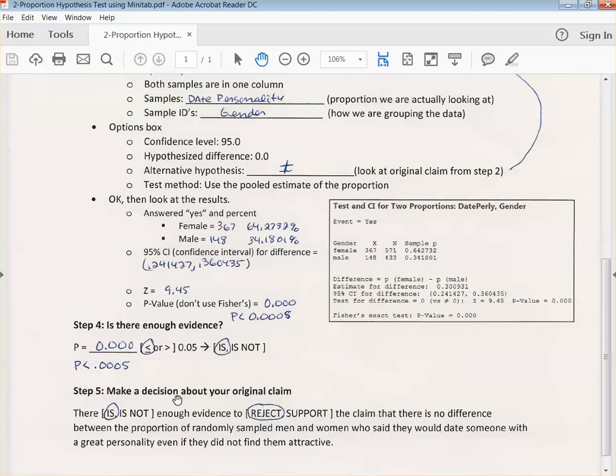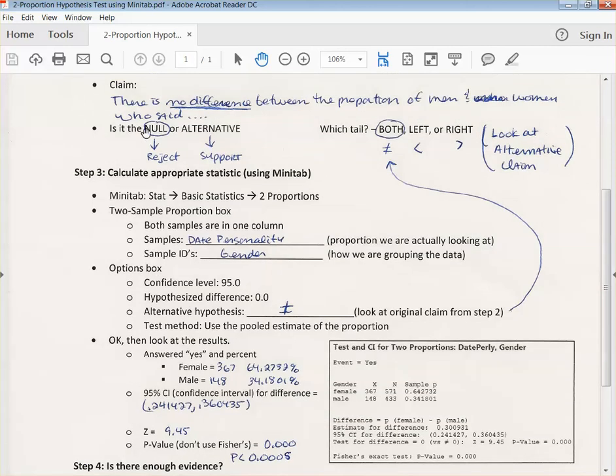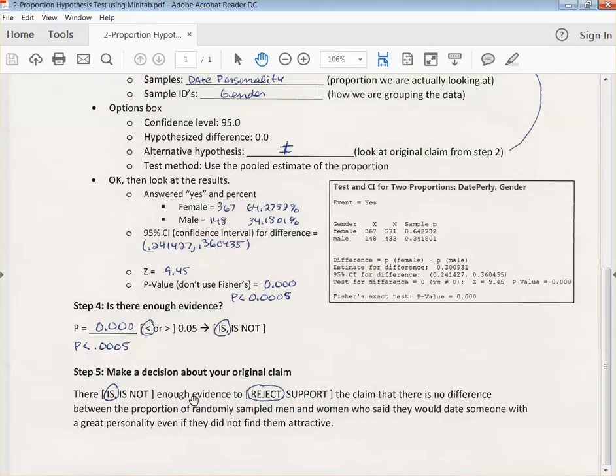So in making your decision about your original claim, because of our p-value, there is enough evidence to reject, because remember the reject comes from right up here. We are using our null, which is our reject. So there is enough evidence to reject the claim that there is no difference between the proportion of randomly sampled men and women who said they would date someone.